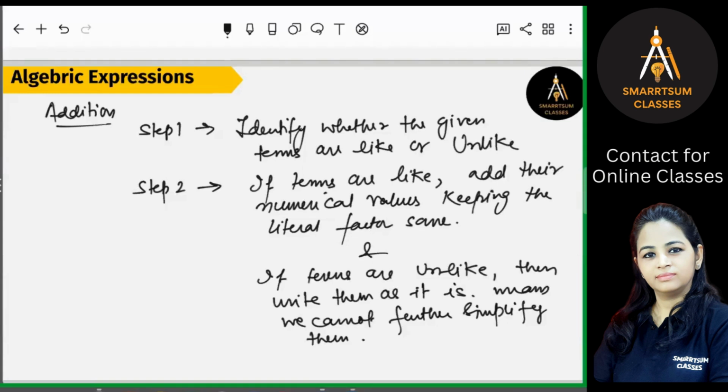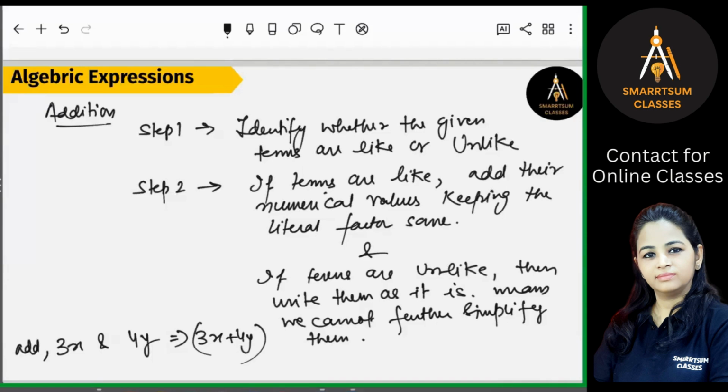Suppose you have two terms and they are not like, for example, add 3x and 4y. Since both are different terms, they are unlike terms. So if you are adding them, just simply write 3x plus 4y. That's it. You need not do anything in this, because they are unlike terms and we cannot add them.